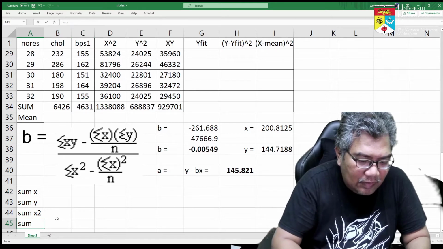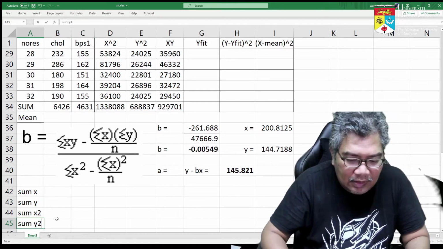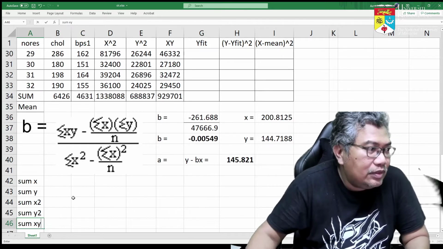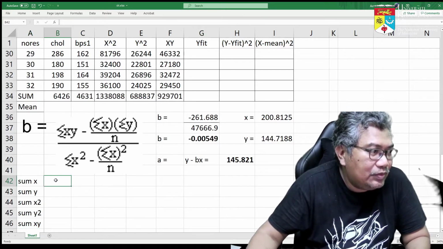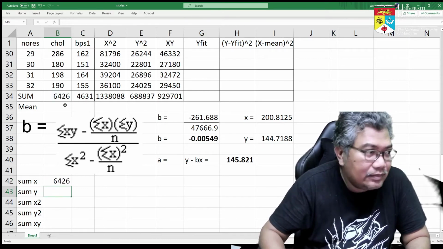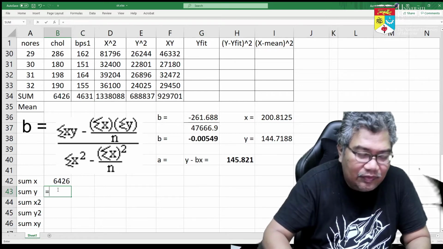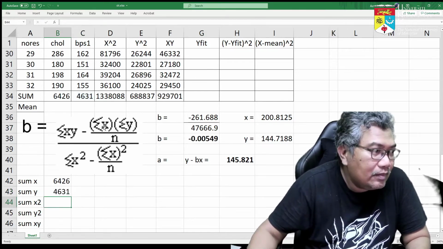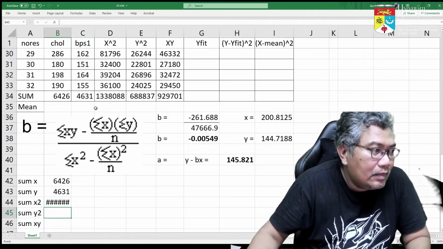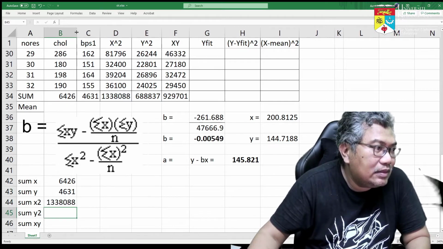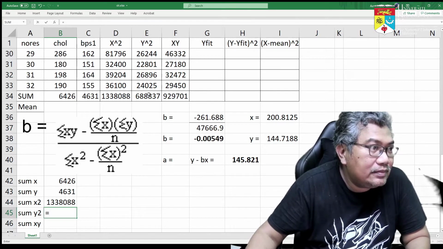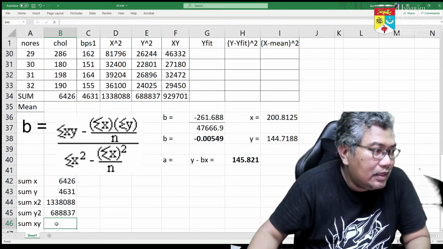The sum of y squared, and then the sum of xy. You can see the values are already all there, so I'm just going to pull them out: the sum of x, the sum of y, the sum of x squared, not enough space, the sum of y squared, and then the sum of xy.